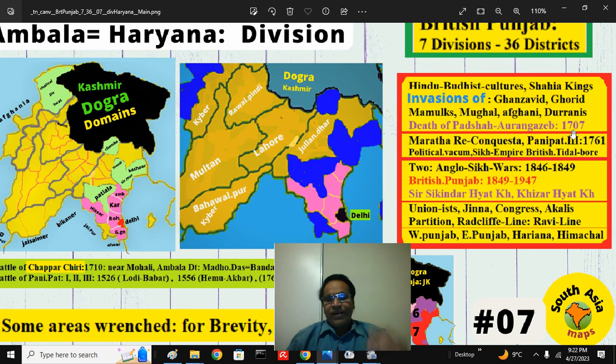The Mughal Empire started dissolving. Marathas reconquered much of the land from Cuttack in Kalinga, Utkal, Odisha region. They had an empire from Ganga Sagar to Sindhu Sagar.